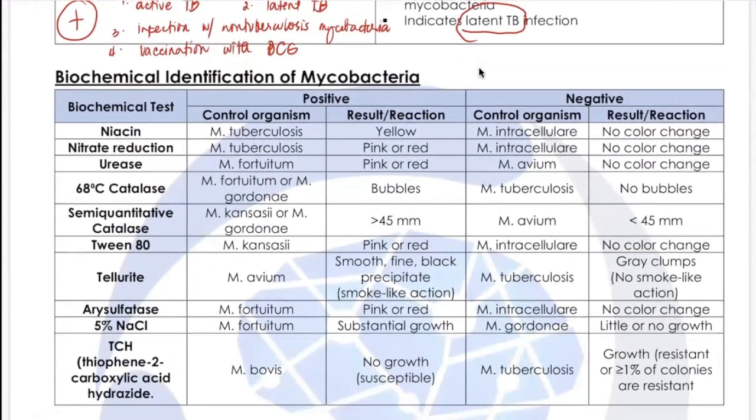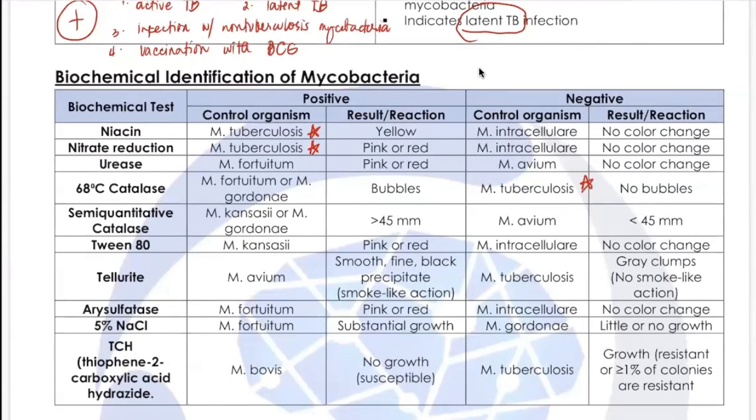So bigay ko na sa inyo yung ibang mga positive result dito. But I want you to take note here of Mycobacterium tuberculosis talaga, yung kanyang key biochemical reaction. So it is positive for niacin, positive for nitrate, and negative for 68 degrees Celsius catalase. Yan yung key biochemicals for mycobacteria.